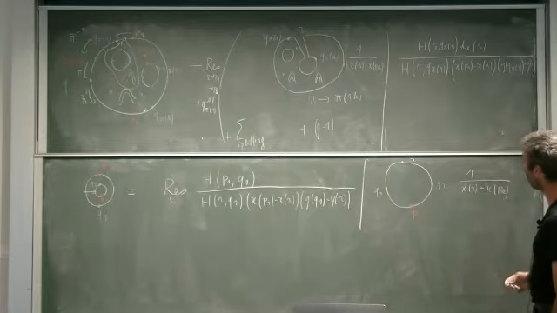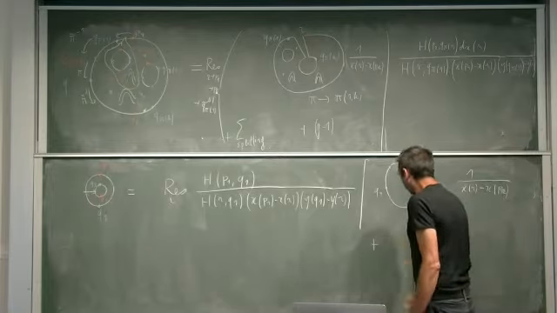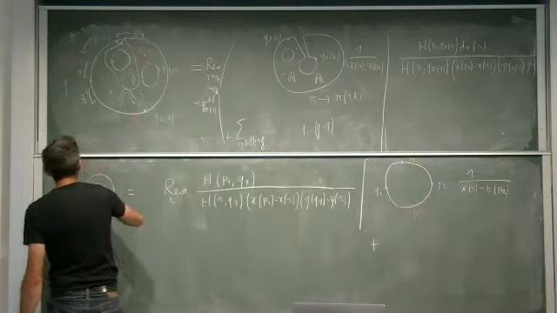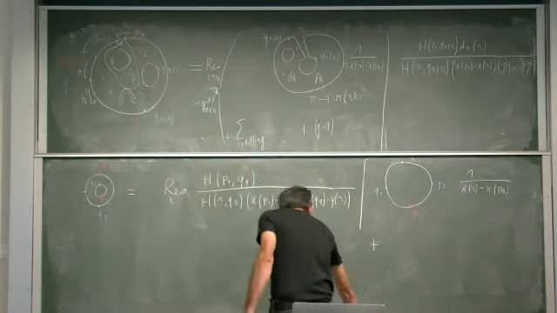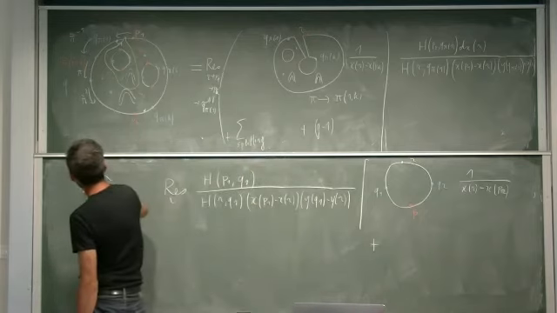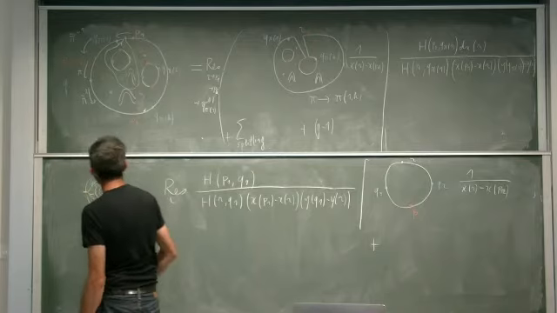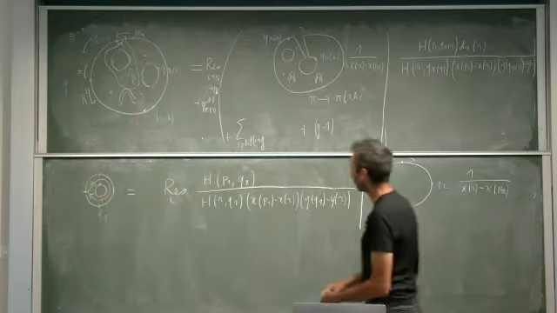Plus, the other term corresponds to the case where we start from there and come back to the same point, and the only possibility to get something non-trivial is to go around the other circle.